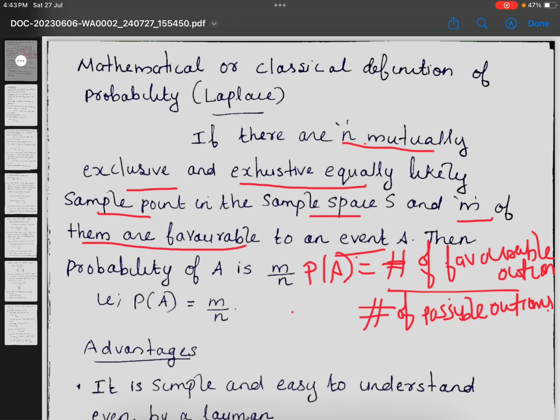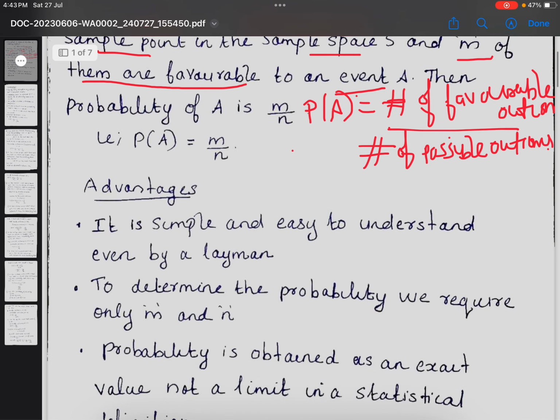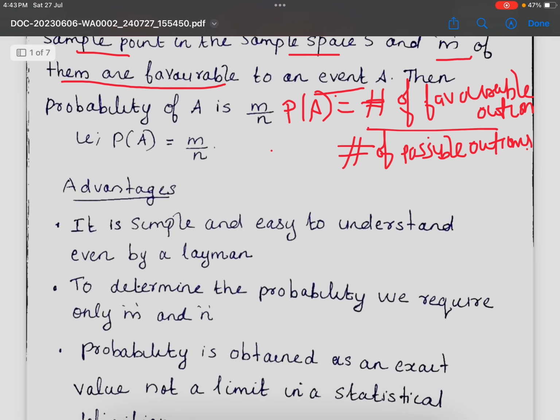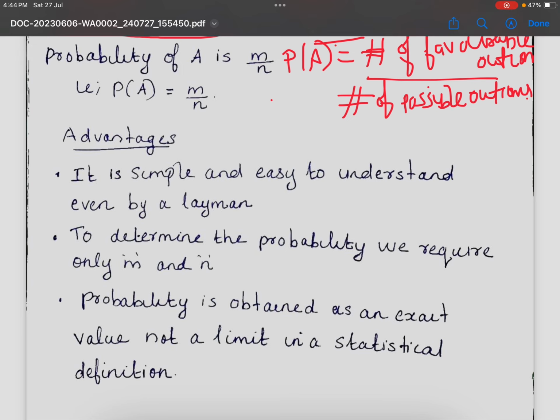Next, advantages. First, it is simple and easy to understand even by a layman. Second, to determine the probability we require only m and n. Third, probability is obtained as an exact value.